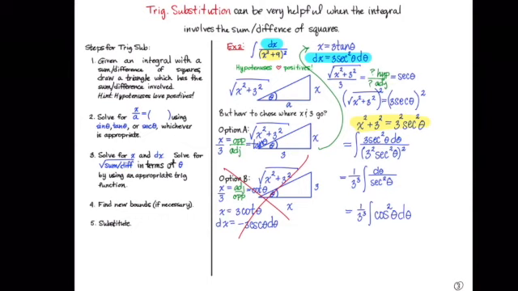Half angle identity, absolutely. We'll put a little note over here to jog our memory, that the half angle identity from Monday's lecture tells us that cosine squared theta is equal to 1/2 times the quantity 1 plus cosine 2 theta.